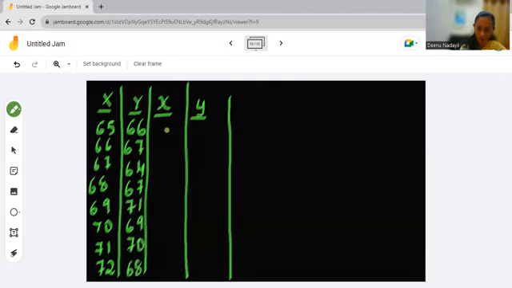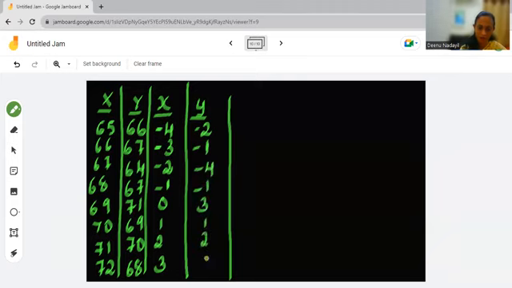Now small x we got already. I am writing it here again since I didn't have space there: minus 4, minus 3, minus 2. And y we got already: minus 2, minus 1, minus 4, minus 1, 3, 1, 2 and 0. We got this.